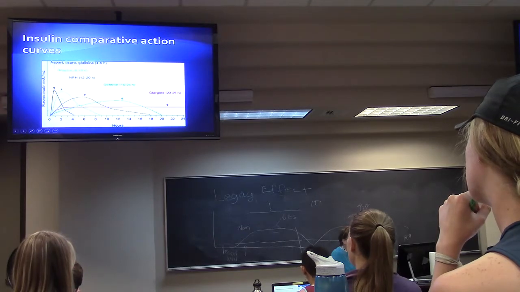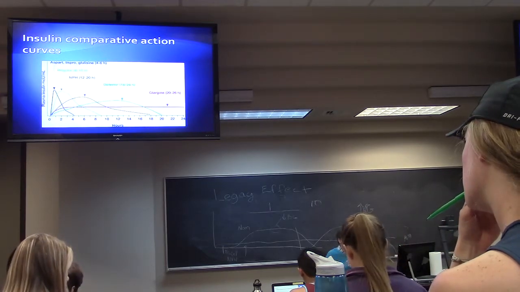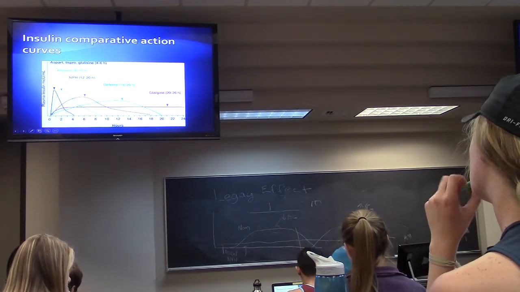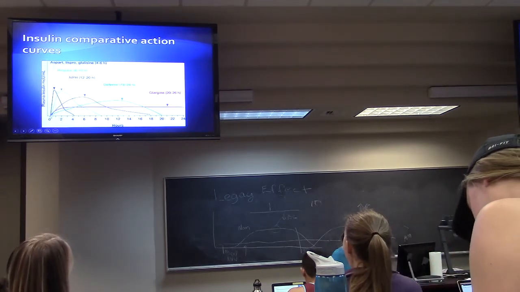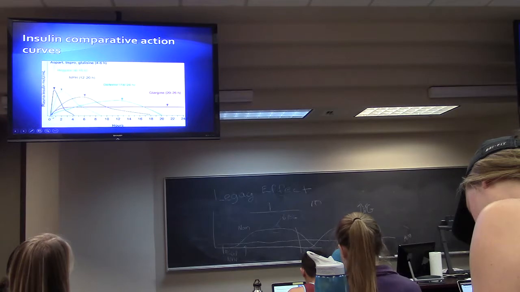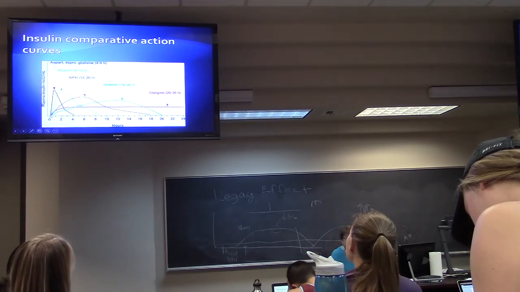So what we call that is, if you are dosing rapid-acting insulins close together, we call that stacking. So if a patient takes a dose of a rapid-acting analog here, let's say they check their blood sugar in 2 hours and it's elevated, and they panic and they take more.